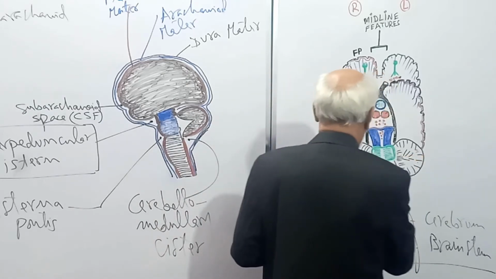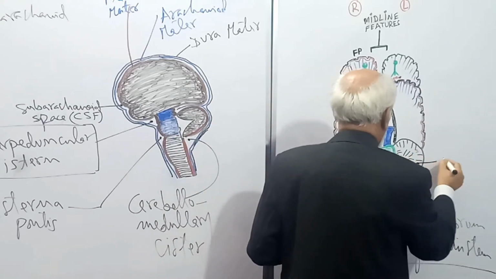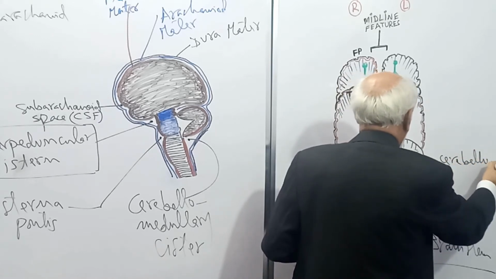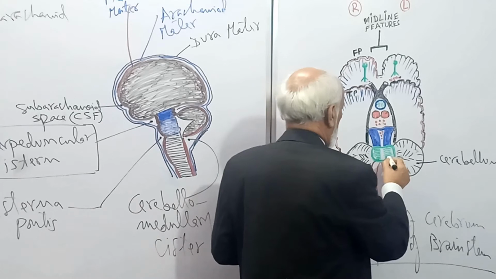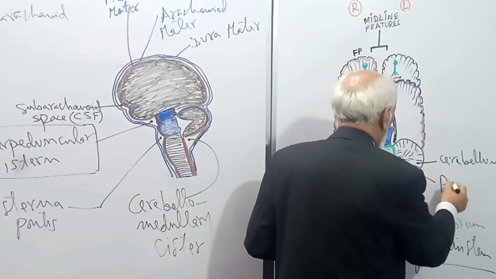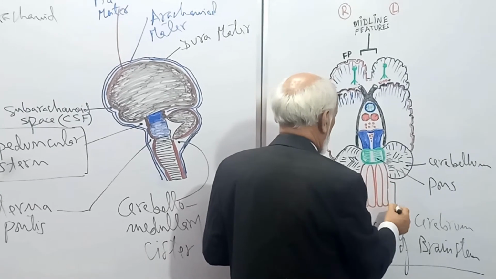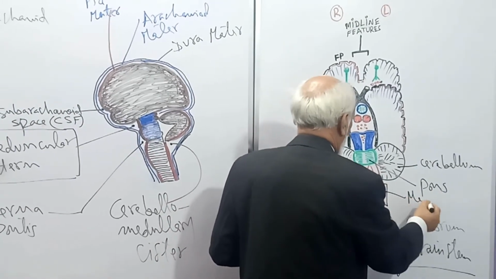Now this is cerebellum. This green one is the pons. This is medulla oblongata.